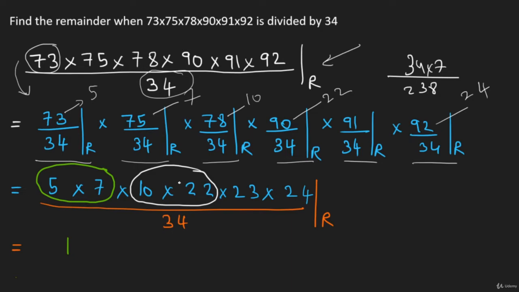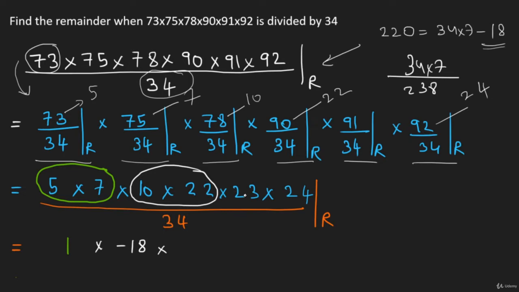Over here I have 22 into 10, that's 220. So I can see that 220 is 34 into 7 minus 18, right? So I can say 220 is equal to 34 into 7 minus 18. Therefore, I can say that 220 by 34 gives me a remainder of minus 18, right? So let me write that over here.